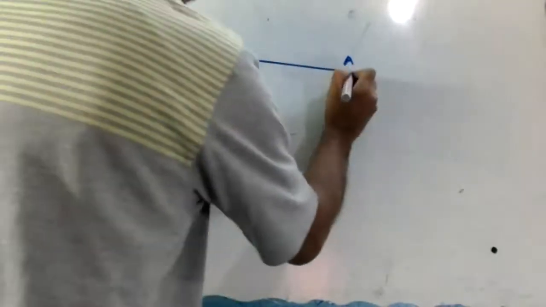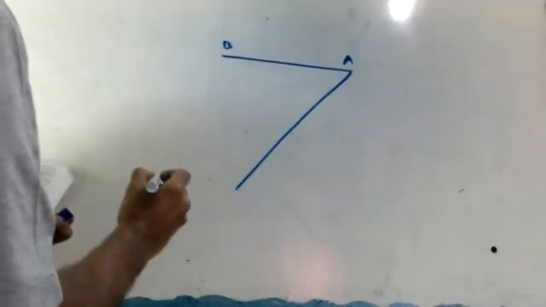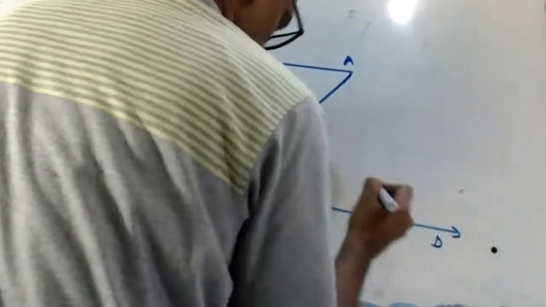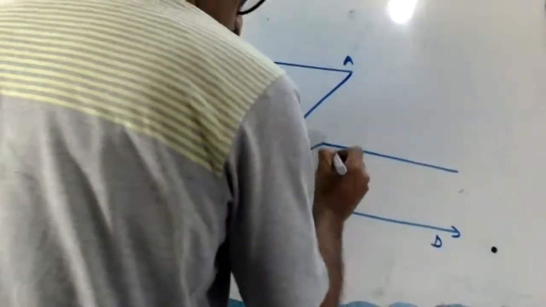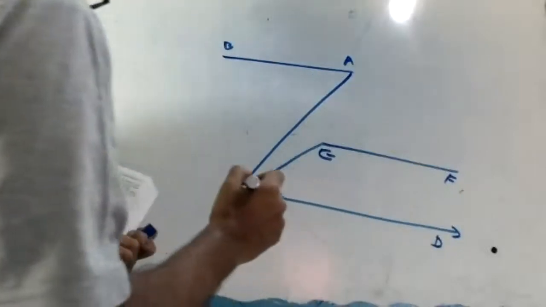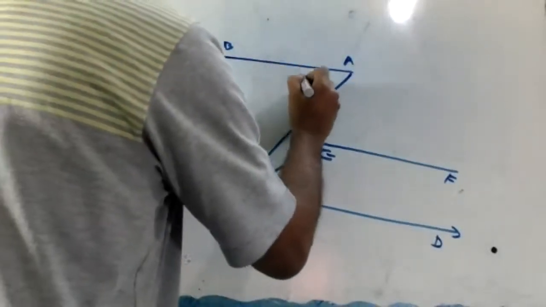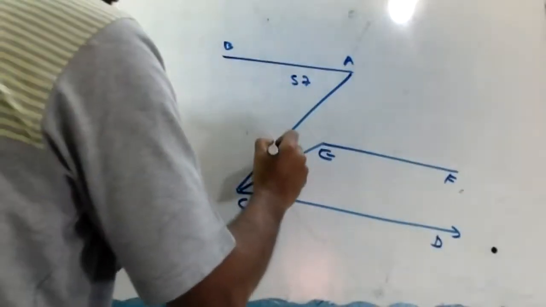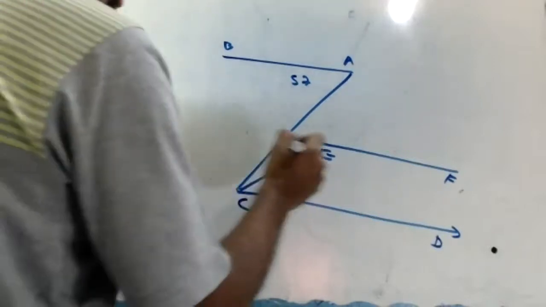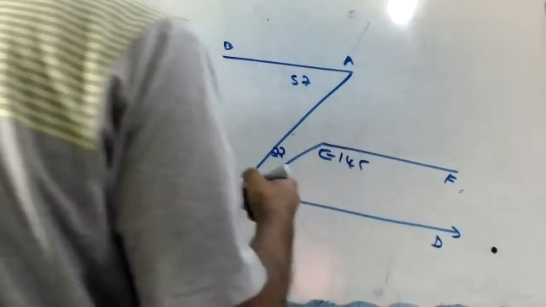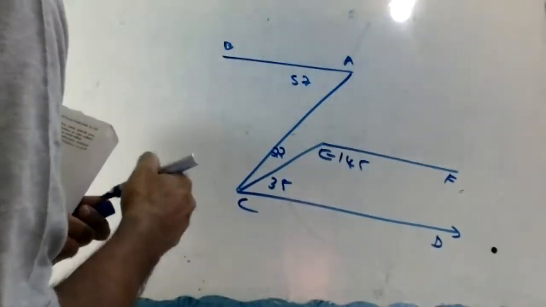A, B. Okay. Prove that AB is parallel to EF.